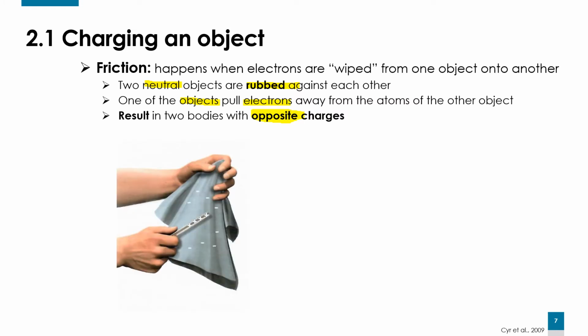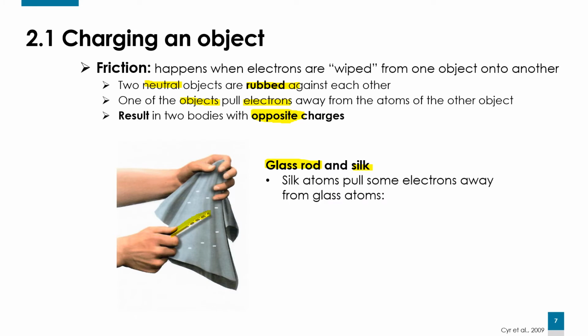So for example, here I'm rubbing a glass rod with a piece of silk. If I rub this, what's going to happen? The silk atoms pull some electrons away from the glass atoms. So the silk is going to take the electrons from the glass rod.